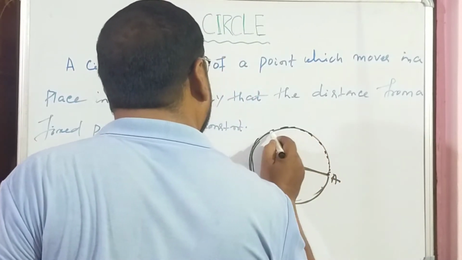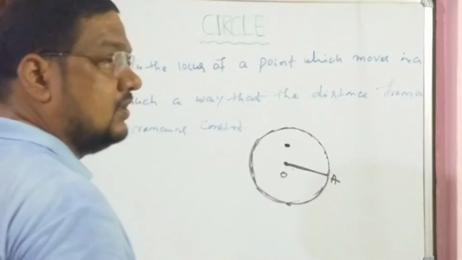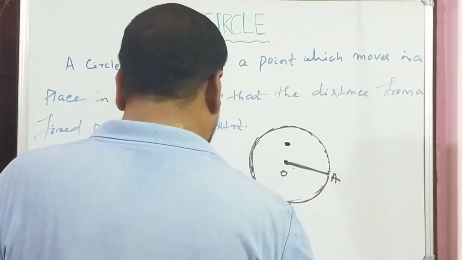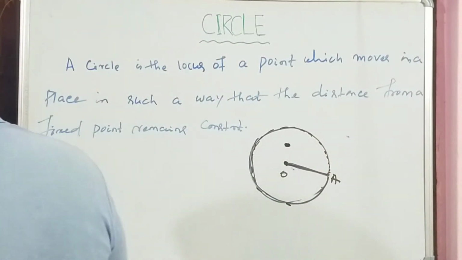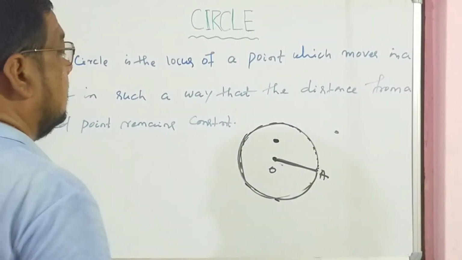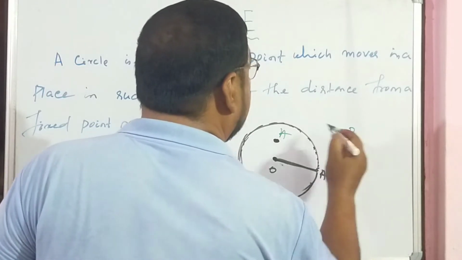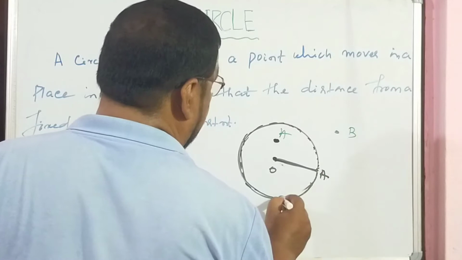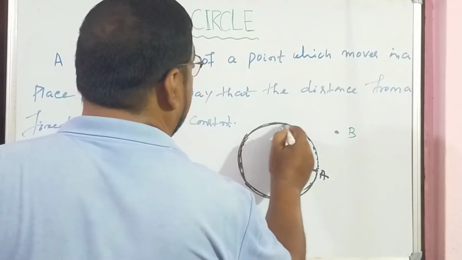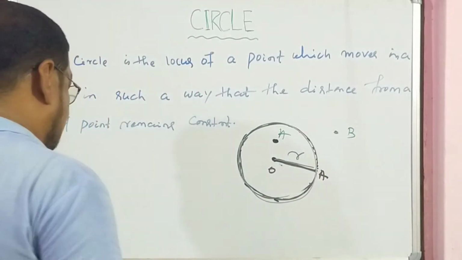These are the points on the circle. This point is inside the circle and this point is outside the circle. The point A is inside the circle. The point B is outside the circle. And the points on the circle means the point should be on this path. So this is the radius and it is denoted by the symbol R.